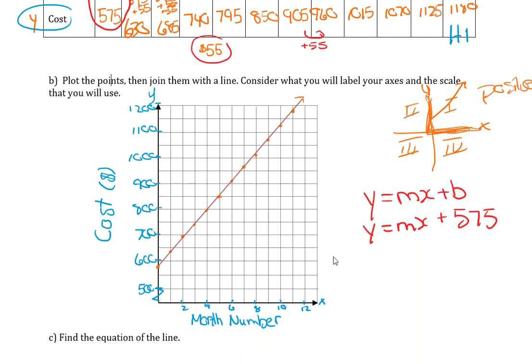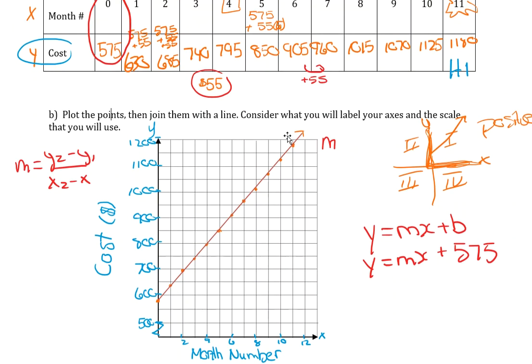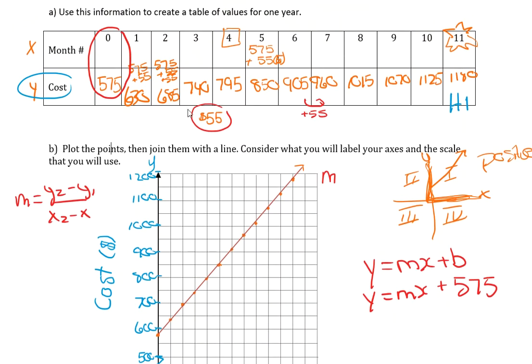And if you're still not understanding, you don't think you can get that on your own, then all you need to do is take 2 points on your graph and either count out the rise over run or use the formula. Well, let's use the formula. m equals y2 minus y1 over x2 minus x1. So we pick any 2 points, and we're going to go up to our table to do that. Let's use these two.